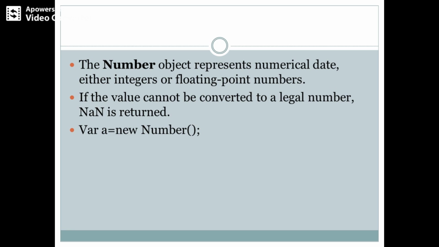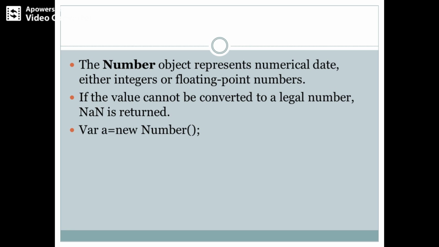This Number object has various methods and properties. The Number properties may be the min value or max value, or not a number. There are several properties associated with this Number object, and there are methods associated with it as well.